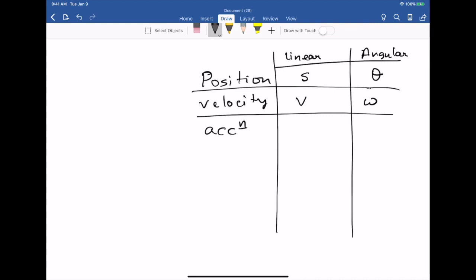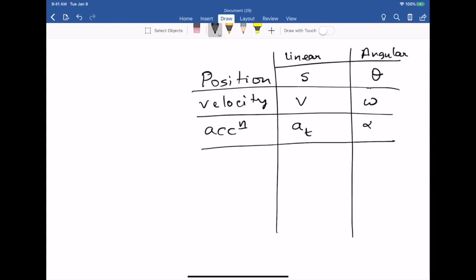How fast v is changing is measured by the tangential acceleration a_t, and how fast omega changes is measured by the angular acceleration alpha, right? And from chapter 9, you should know the relationships between all of these quantities. You know that s equals r theta, v equals r omega, a tangential equals r alpha. So that's all stuff that we've seen in chapter 9.